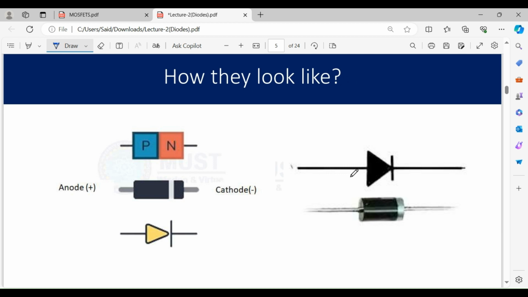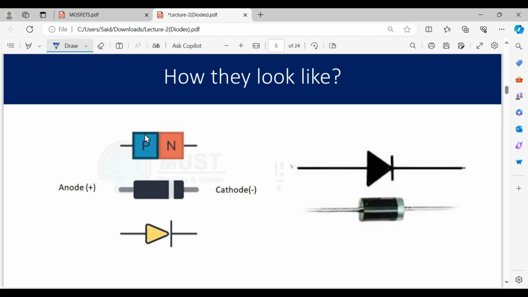This is the diode, and practically they look just like that. And this is the symbol of our diode, and this is the p-n junction material. We have two portions. One is p-type material, and the other one is n-type material.